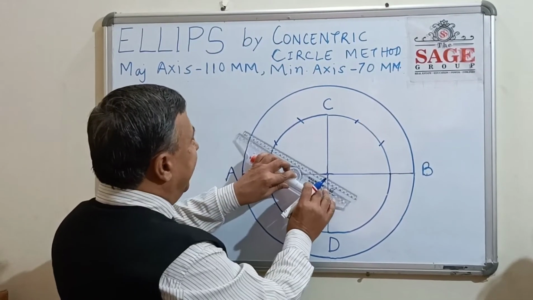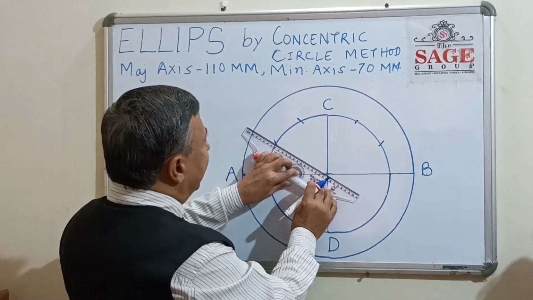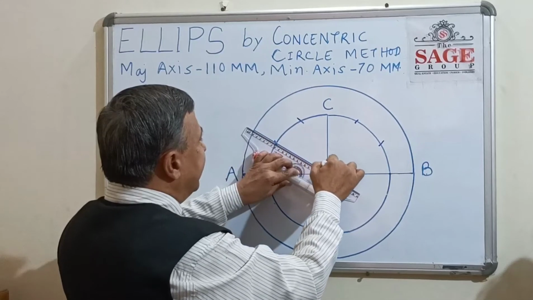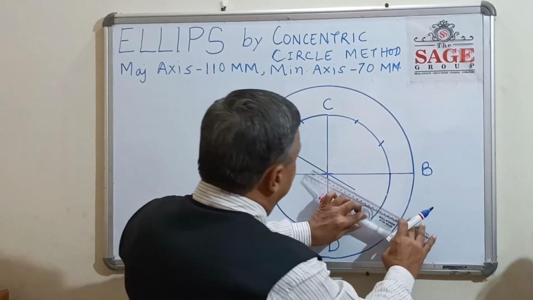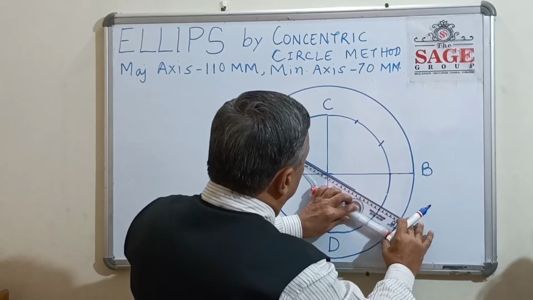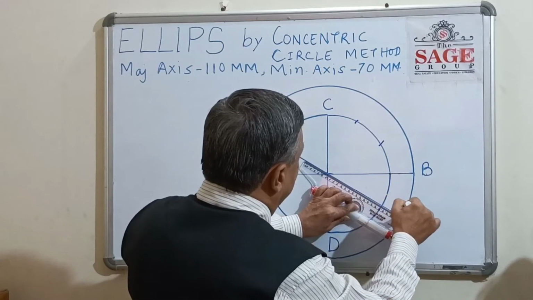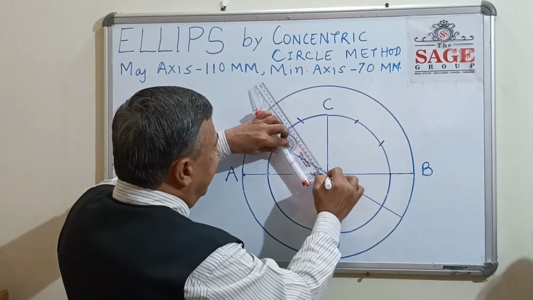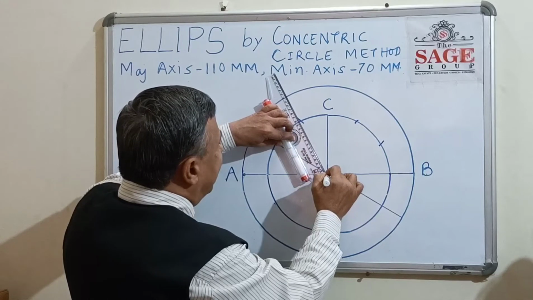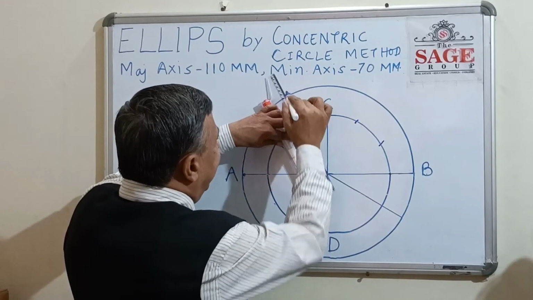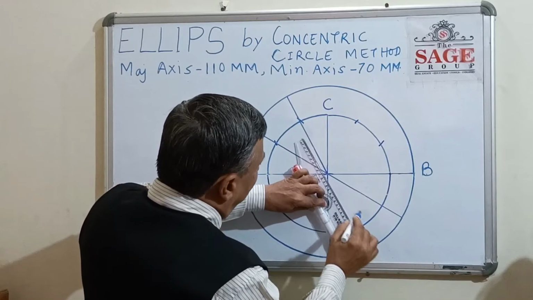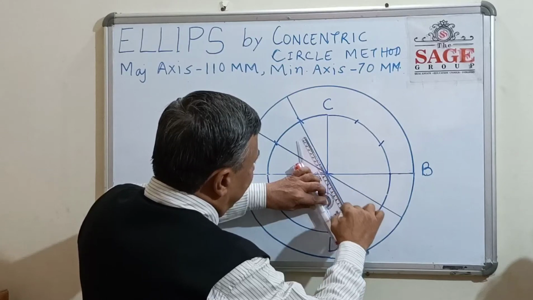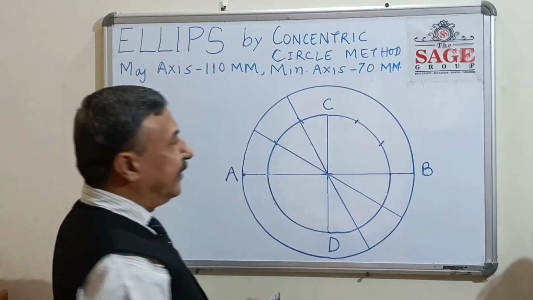Now how? See here, we join a line through these points and also extend it up to the major axis concentric circle, like this. Now draw this line joining the center to this arc up to the major axis concentric circle, and from the lower side also it goes up to the major axis concentric circle.